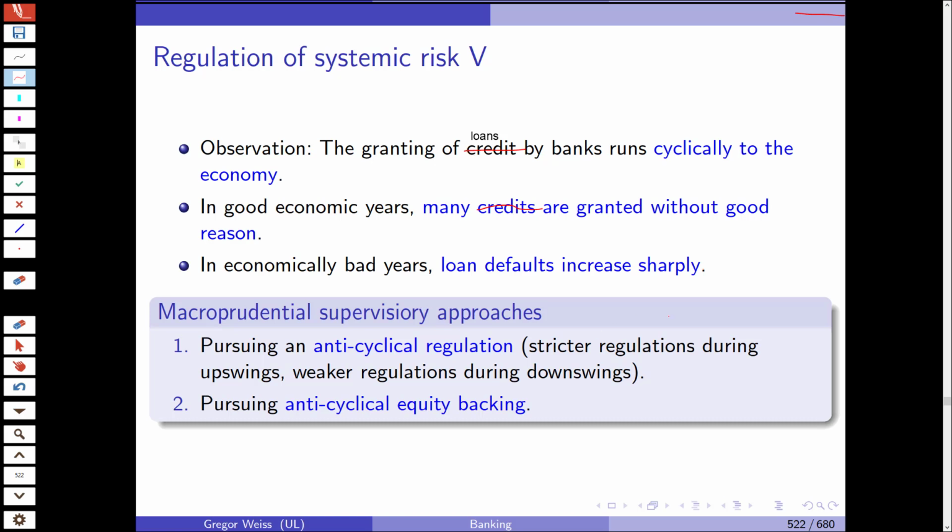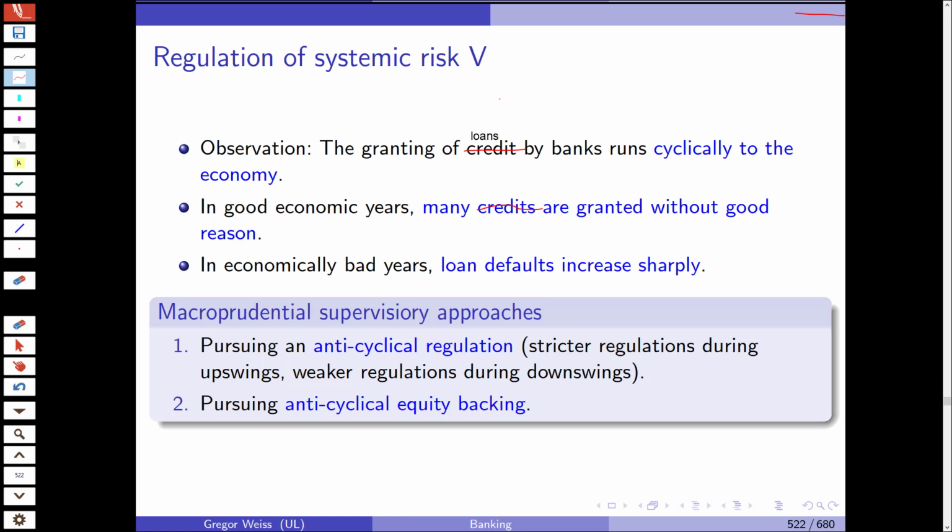And macroprudential supervision now tries to pursue an anti-cyclical regulation. Regulations should be anti-cyclical. So you have stricter regulations during upswings, during a boom phase, and then weaker regulation during downswings. Why?